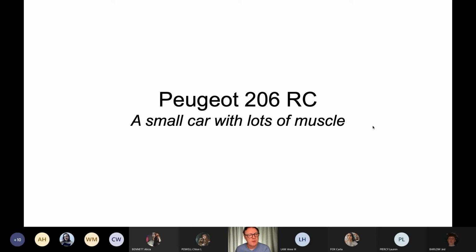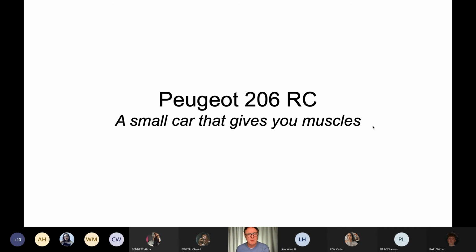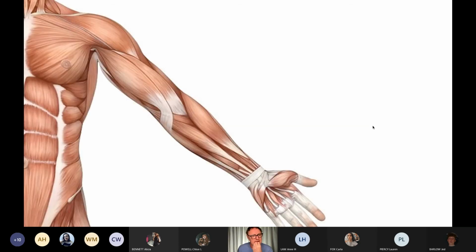So equally, when you agree that you are what you drive, or that's what most manufacturers would like you to believe, then effectively this is a small car that gives you muscles. Okay? So let's have a look at the human form and indeed a study of muscles, and try to make a connection between the muscle power and the car.